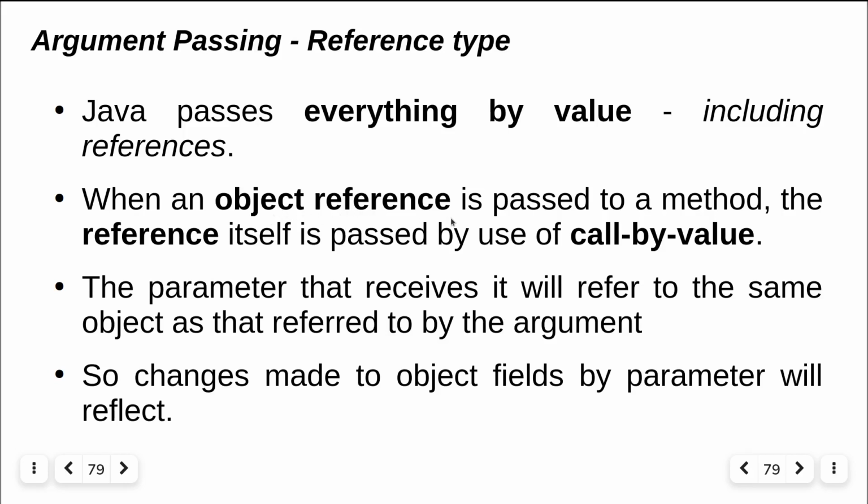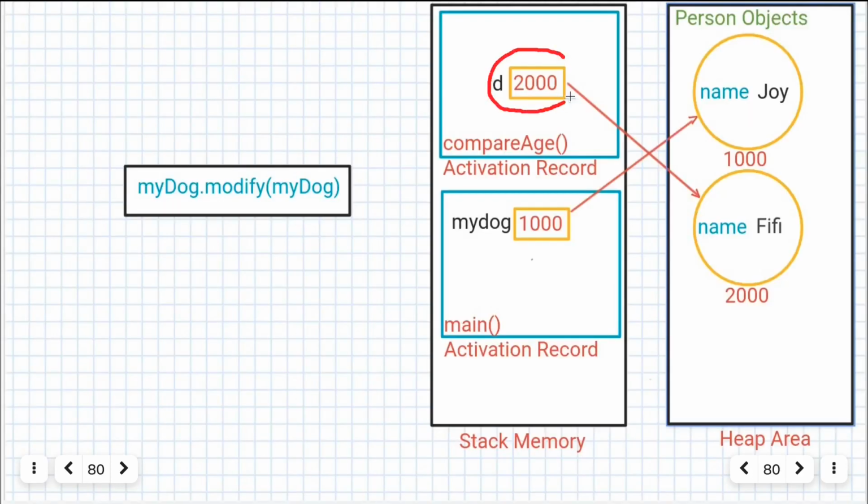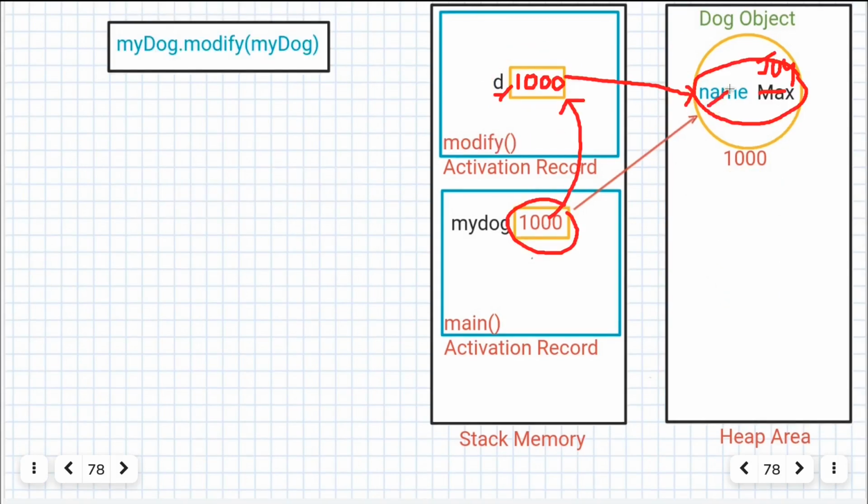So in Java, object references are passed as values. The myDog value, that is 1000, is copied into D. The changes made to this D are not affected here. But when we are accessing object fields with this reference D, those are reflected in the main method also, since both D and myDog references are pointing to the same dog object.